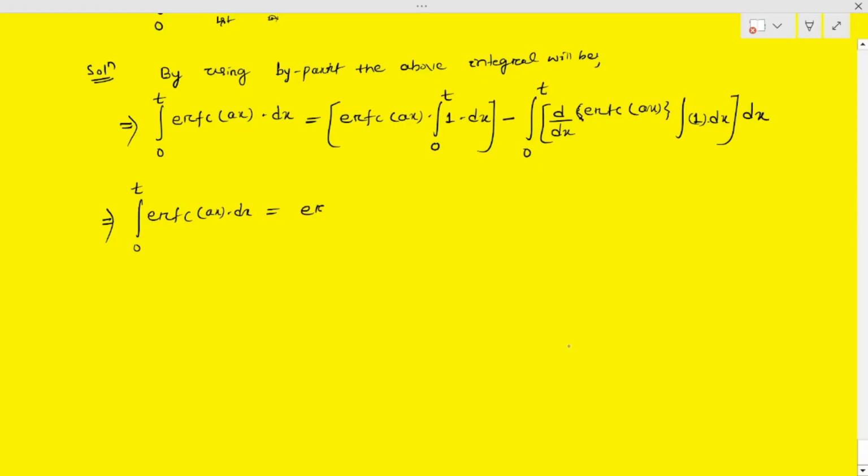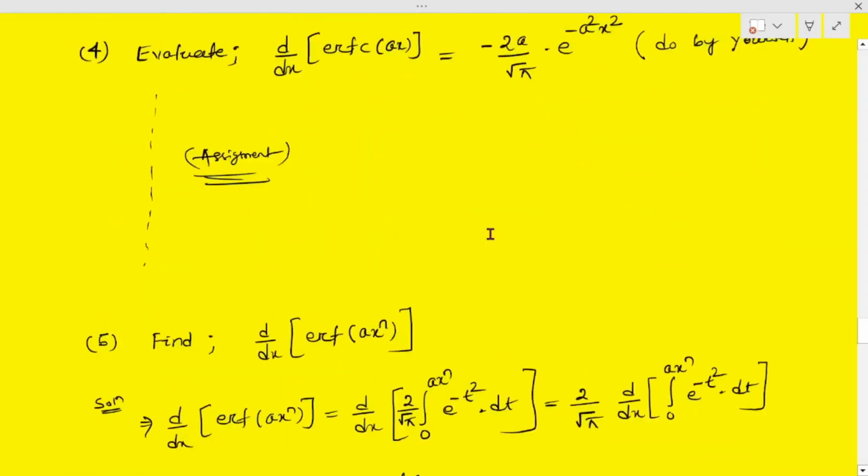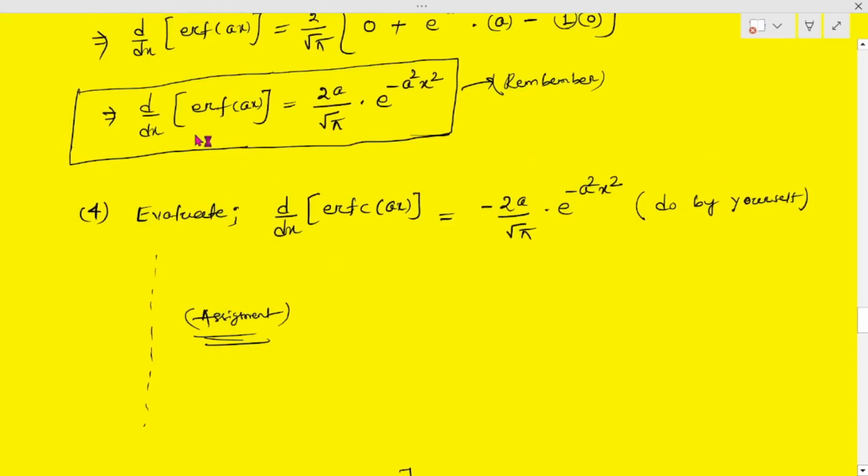So here this will be complementary error function of ax into x, the limits are 0 to t, minus derivative of complementary error function. Already we discussed this in our last class. Here I have given that you have to do by yourself. Here derivative of error function is 2a by root pi e to the power minus a square x square.